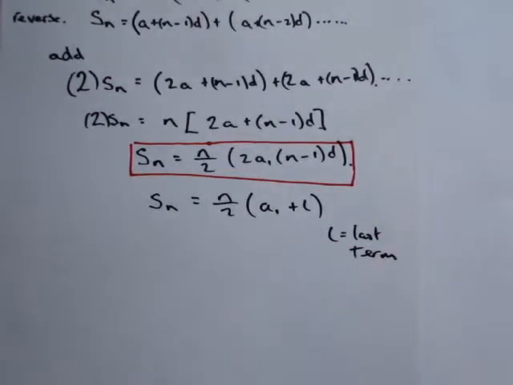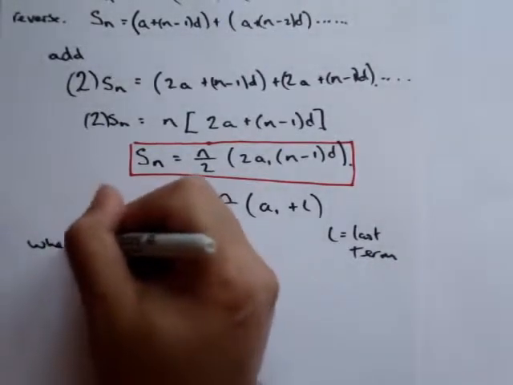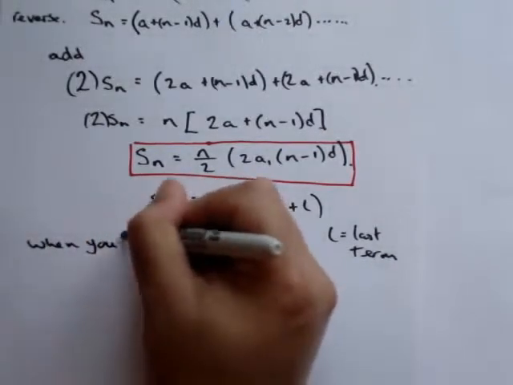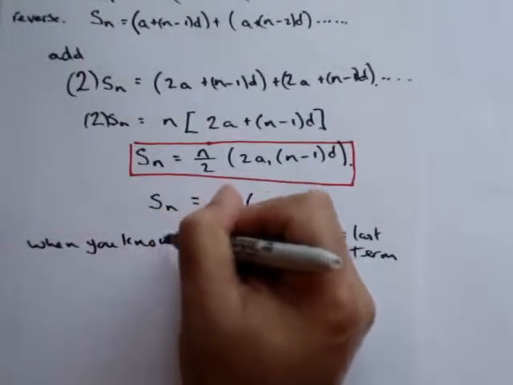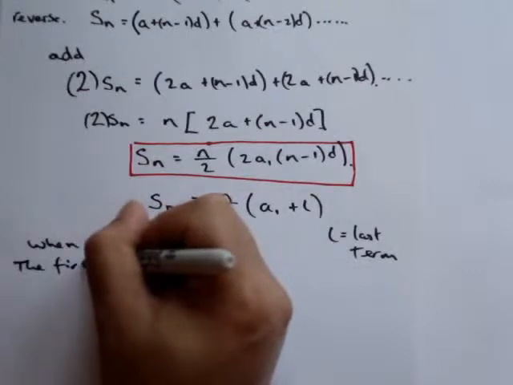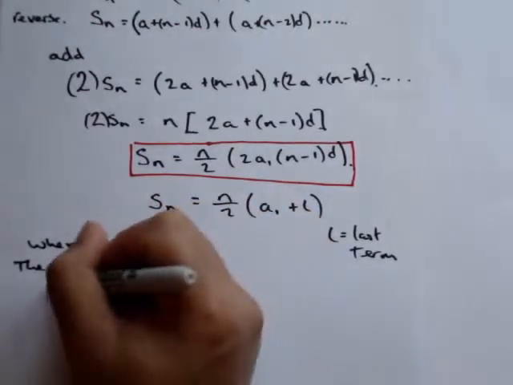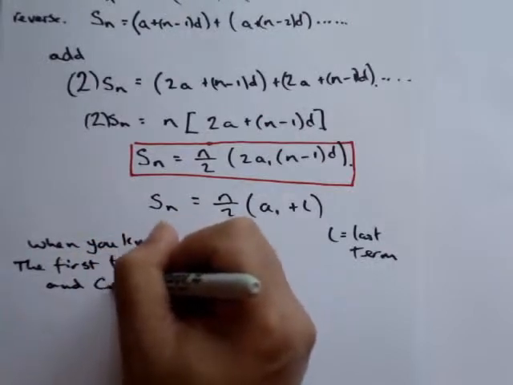So that's another way to remember that formula. But the one highlighted in red is the sum of terms when you know the first term and common difference.